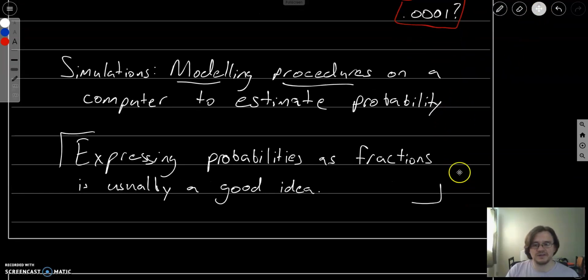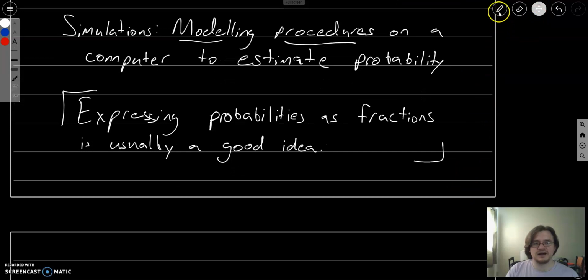And the final thing that I'll mention is fractions are going to be really helpful in expressing probabilities. Normally fractions are a lot more exact. So for instance, if given the choice between writing a probability as 1/3 or 0.333 repeating forever, well, this is going to be simpler to look at.